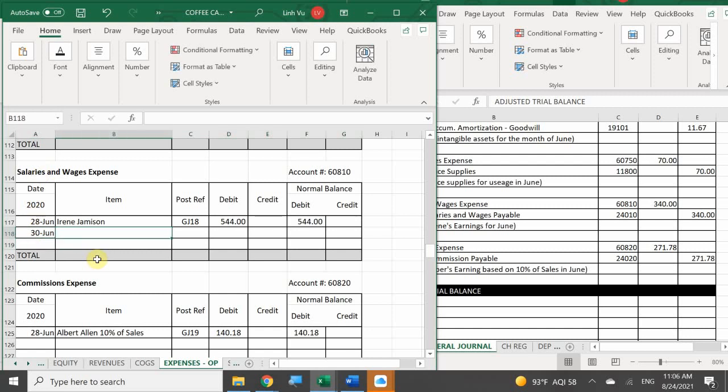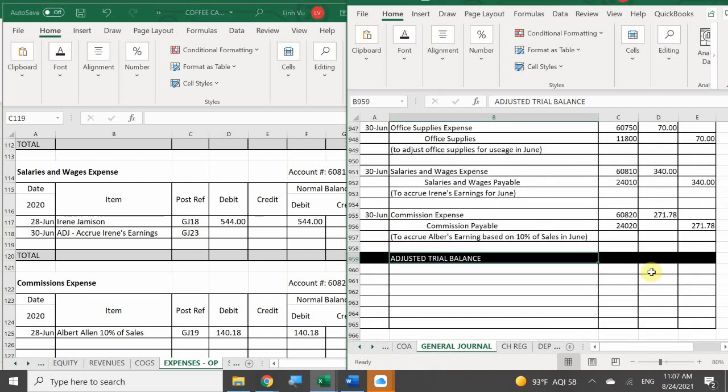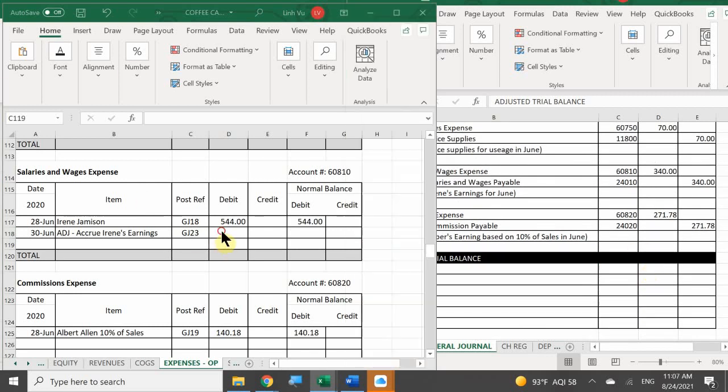You're going to say this is an adjustment entry, and we are accruing Irene's earnings. Okay. General journal, I think we're still on 23 if I'm not mistaken. Let's see. Yes, we're still on 23. Okay. And she earned $340.